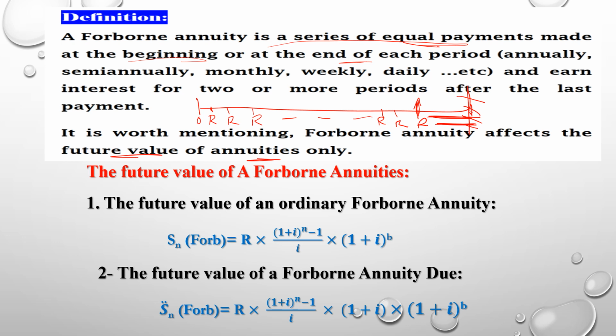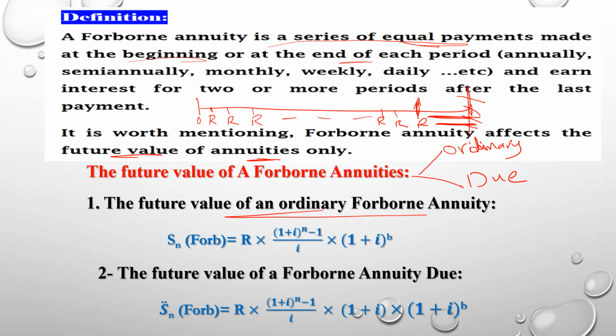So the future value of a forborne annuity, we have two types of forborne annuities, ordinary one and due. The future value of the ordinary forborne annuity, S_n forborne, equals R times ((1 plus i) to the power n minus 1) over i, times (1 plus i) to the power b.